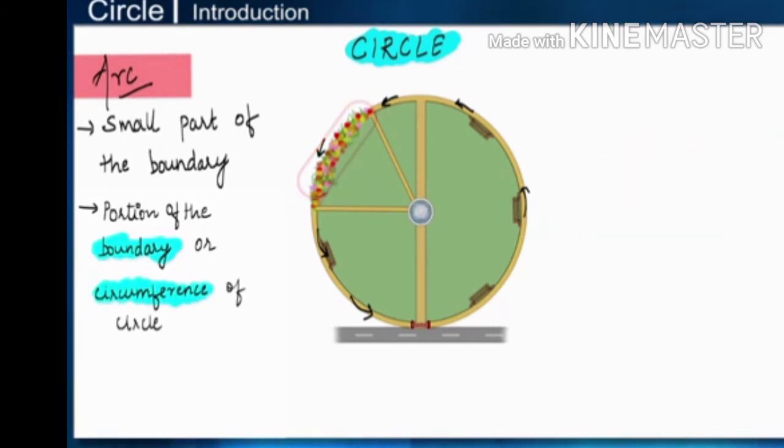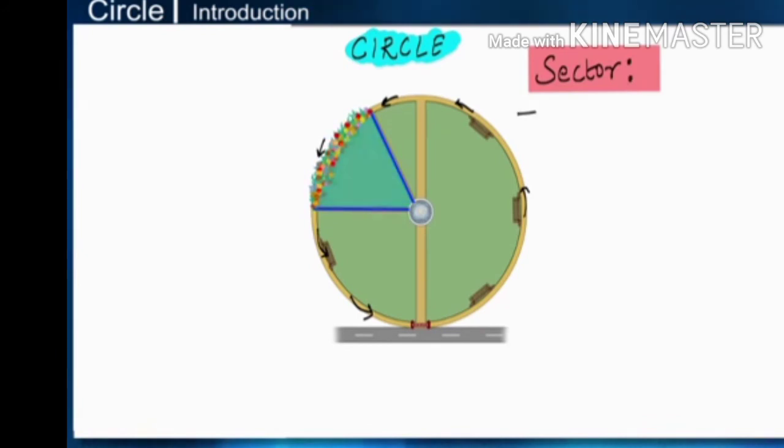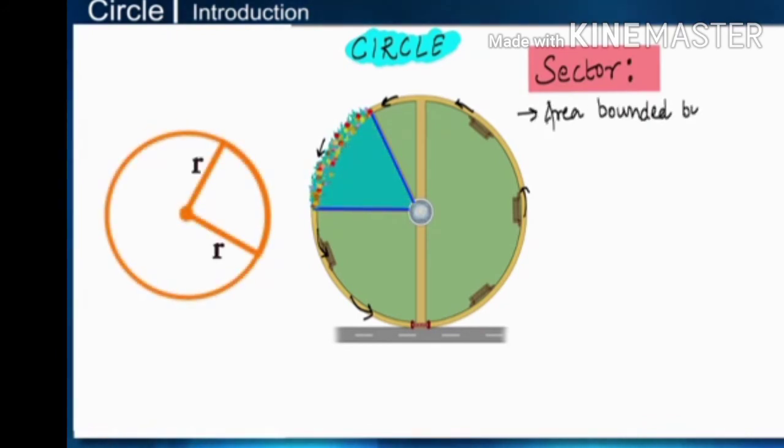Now we saw the area which has flowers. There are two ways to go to that area, but both the paths start from the fountain. If we concentrate only on that particular area, it will be called as a sector of a circle. Sector of a circle is the area bounded by two radii and an arc subtended between them.